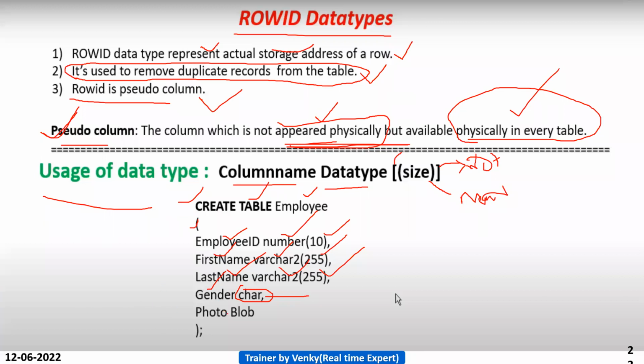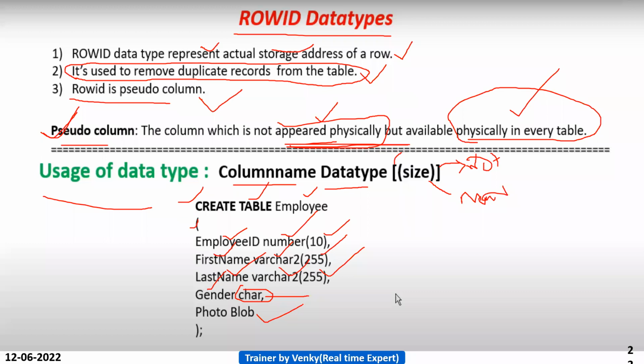Next, the photo of that employee. Why have we declared BLOB? Because it is an image file. BLOB is a data type which is used to store images, videos, and audio files. Unstructured binary data has no particular structure, and we can't assume one.